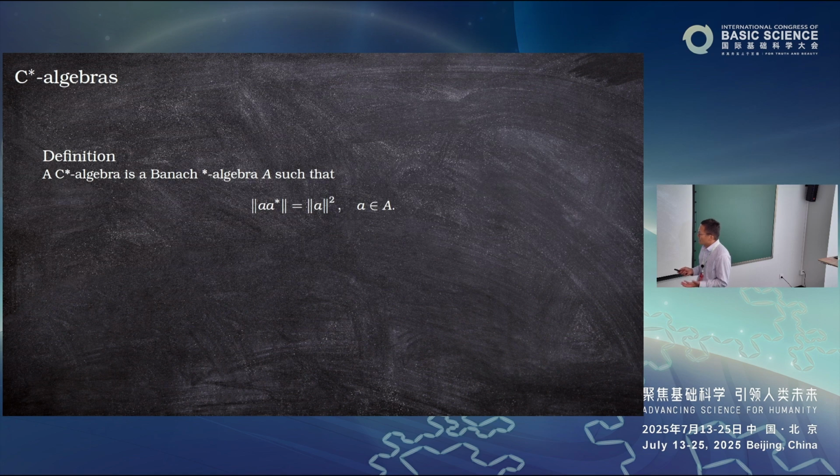The norm of A times B is at most the norm of A times the norm of B. And moreover, this Banach star algebra satisfies the C-star identity, meaning that the norm of A star A is exactly the square of the norm of A. And this is a defining property of a C-star algebra.